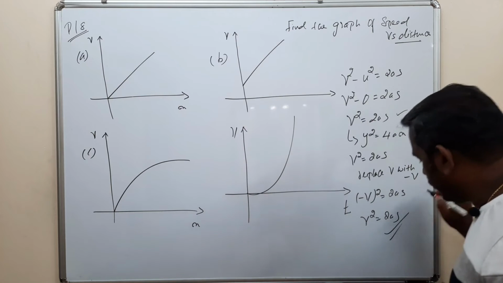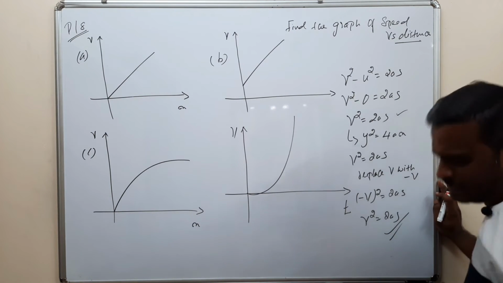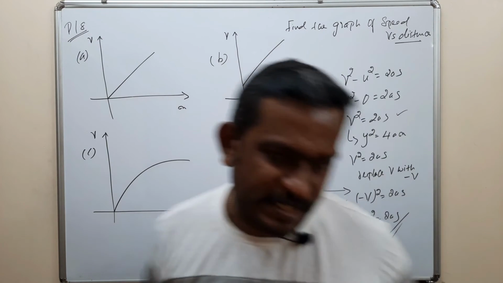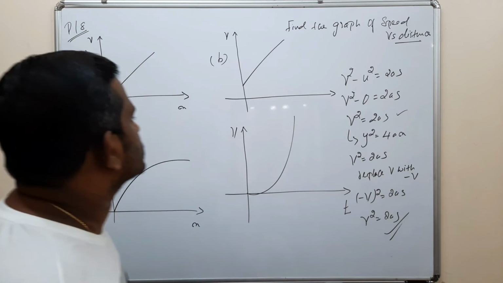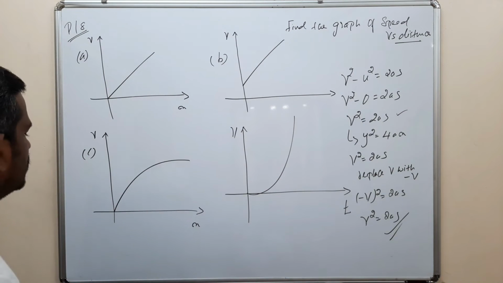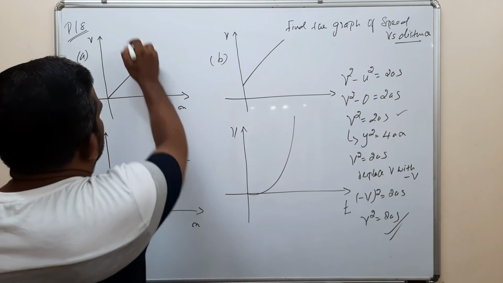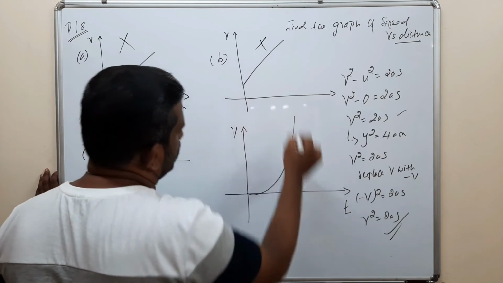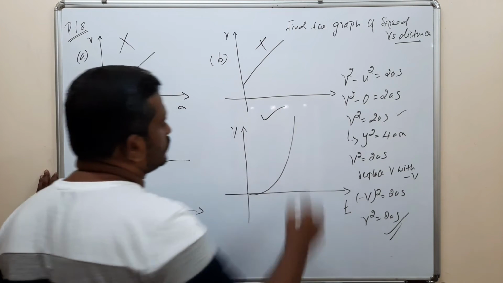So from this what can we conclude? The graph is symmetric about the displacement axis. This one is not a parabola. This is a parabola, and this is a parabola, and this is also a parabola.